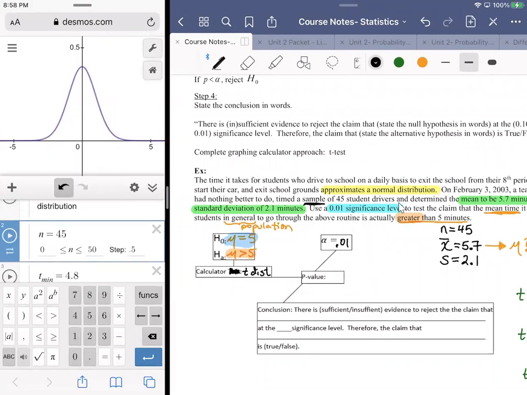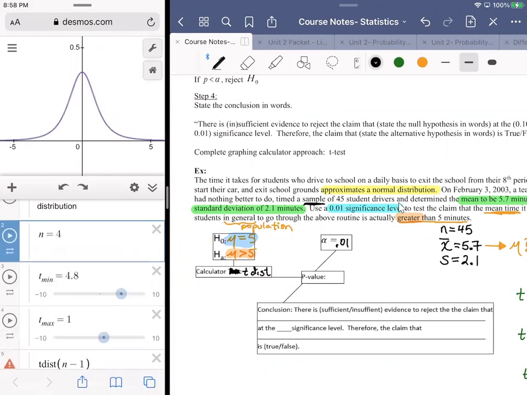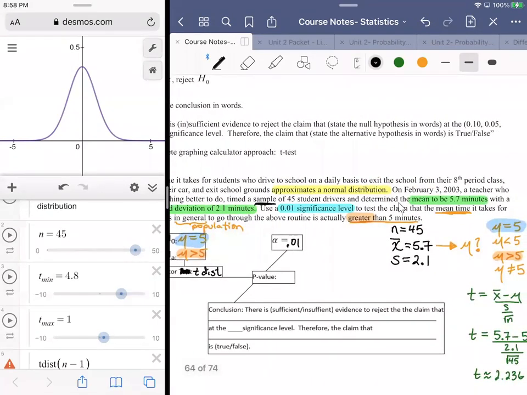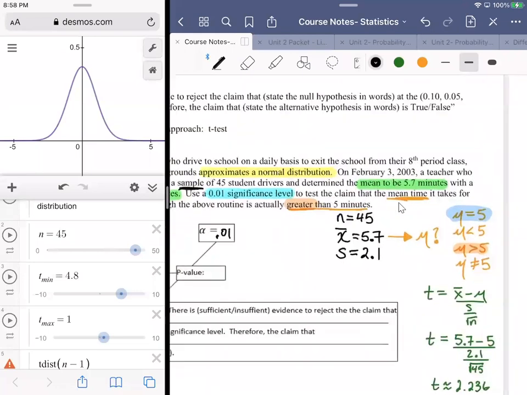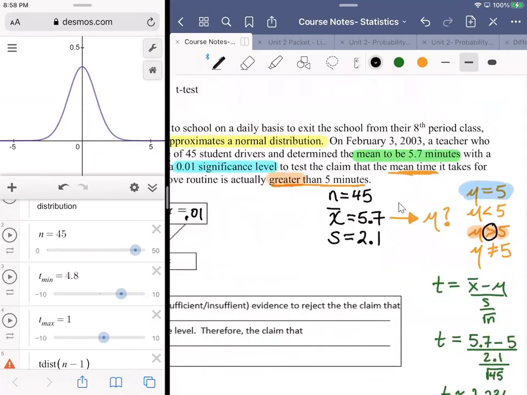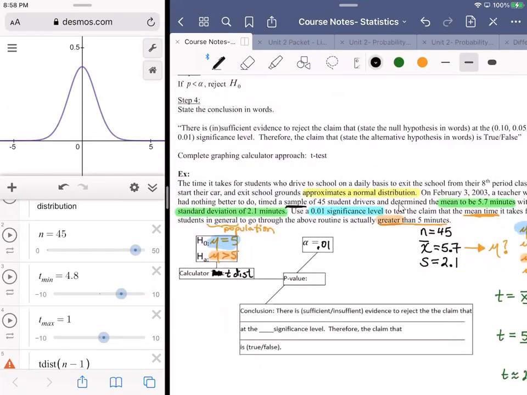So slide it to 45. Take your T min, because in this situation, we're looking for a greater than, right? So greater than, if you remember back to our central limit theorem and the normal distribution work that we did, greater than meant to the right of.